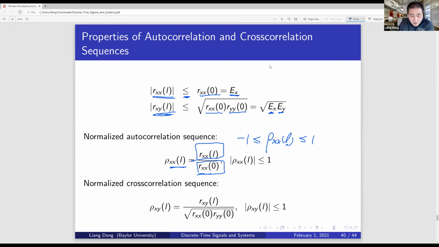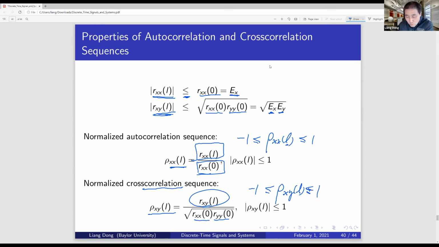The normalized cross-correlation has a similar definition. We have rho xy, which is my cross-correlation R_xy of lag L divided by the square root of the energy of the first signal times the energy of the second signal. Rho xy of L is also bounded between -1 and 1.